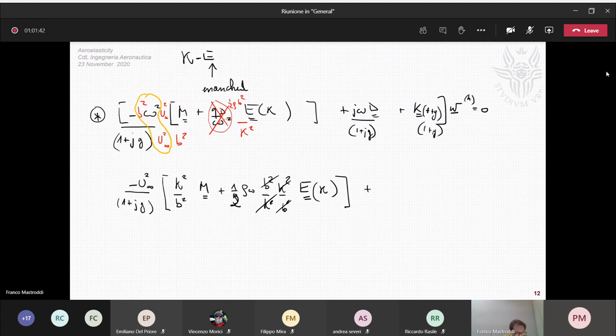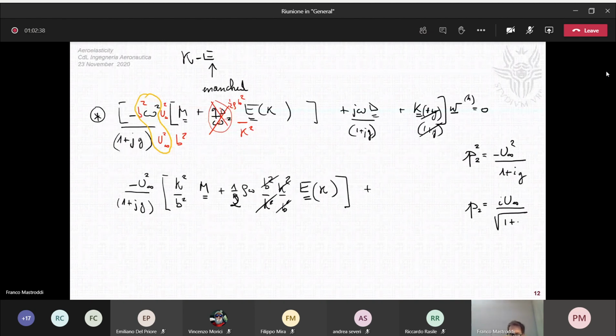We have divided by this, and so we also have a simplification for k here, but we can now introduce a new variable p2 as equal to minus u infinite to the power 2 by 1 plus jg, and therefore by this definition we have that p2 is j u infinite divided by square root of 1 plus jg.